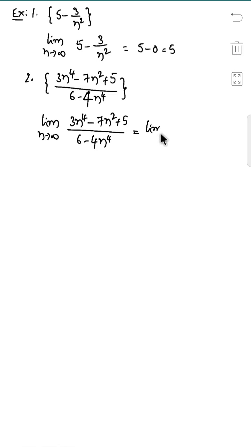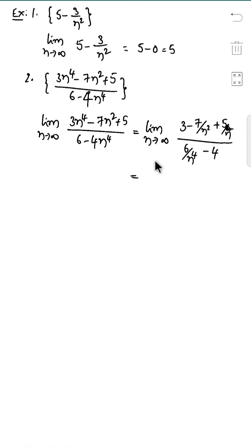We get limit n tends to infinity, (3 minus 7 divided by n square plus 5 divided by n to the power of 4) all divided by (6 divided by n to the power of 4 minus 4).